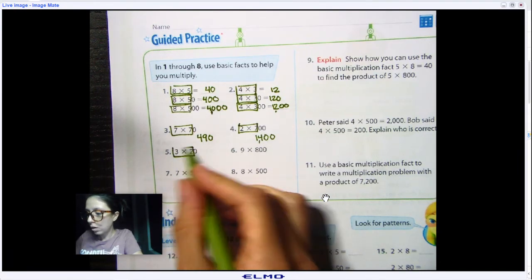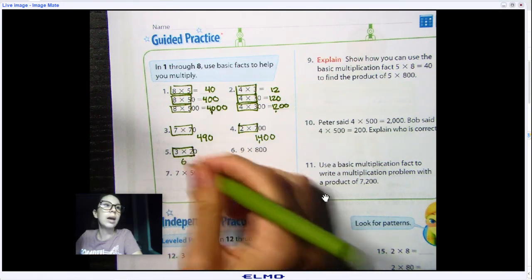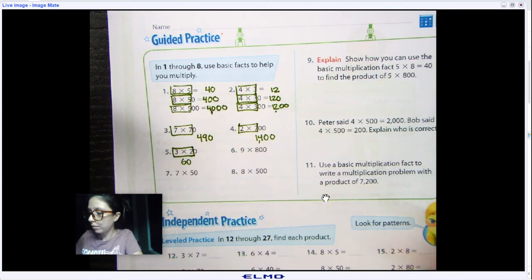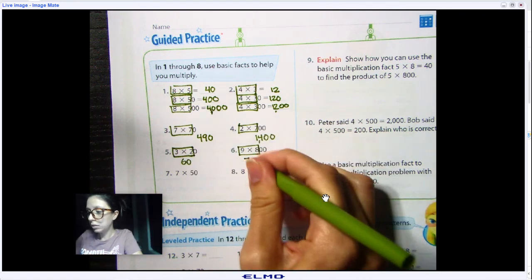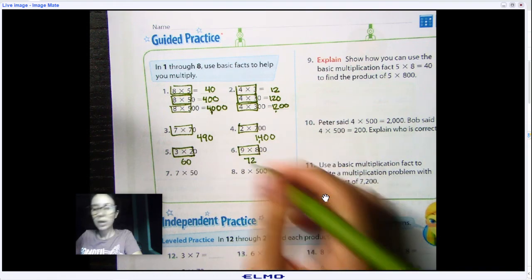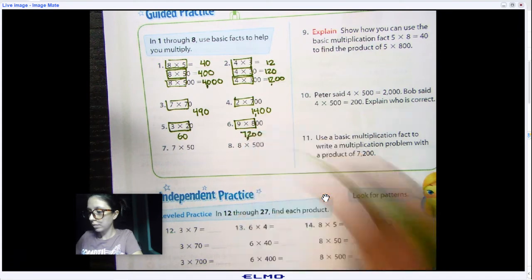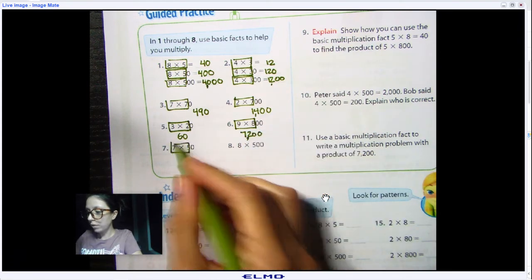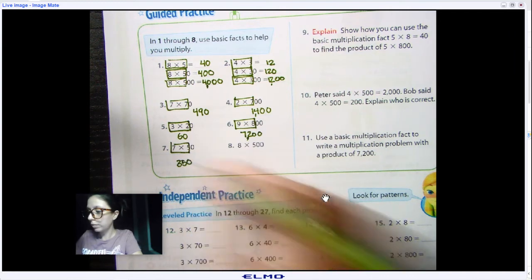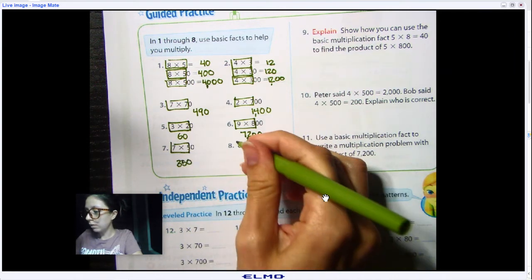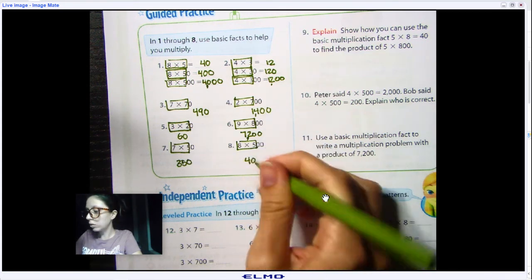Box our digits that are not 0. 3 times 2 is 6, and we're going to add 1 extra 0. 9 times 8 is 72, and we're going to add 2 extra zeros. 7 times 5 is 35. We're going to add 1 extra 0. 8 times 5 is 40. And you're going to add 2 extra zeros.